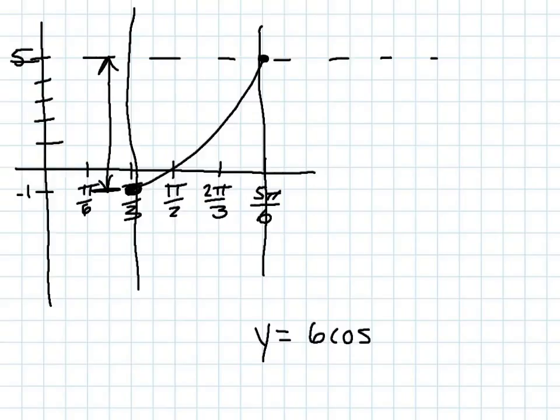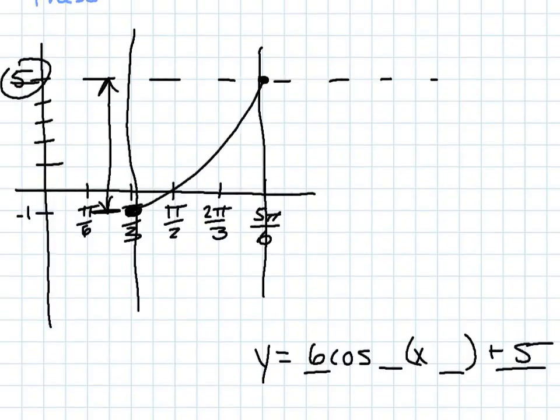If I have the middle already, that means I know what my vertical shift is, which is 5. Now remember, the vertical shift is not determined by where you start, but where the middle is. So the middle in this case is 5.